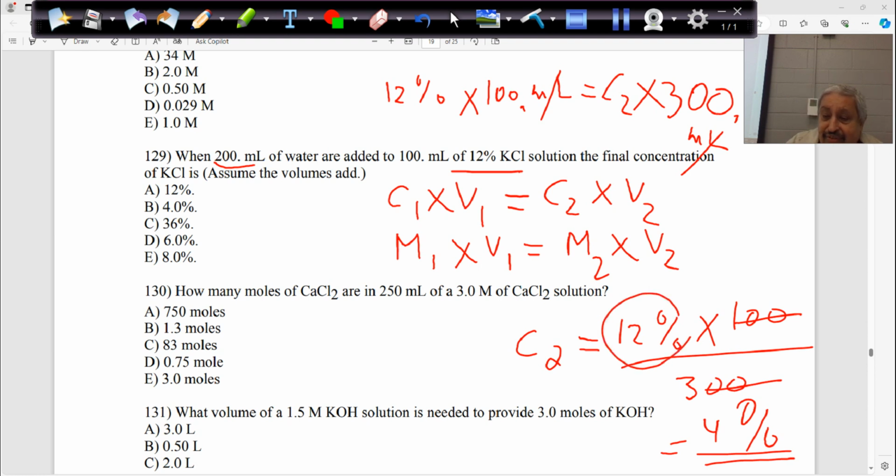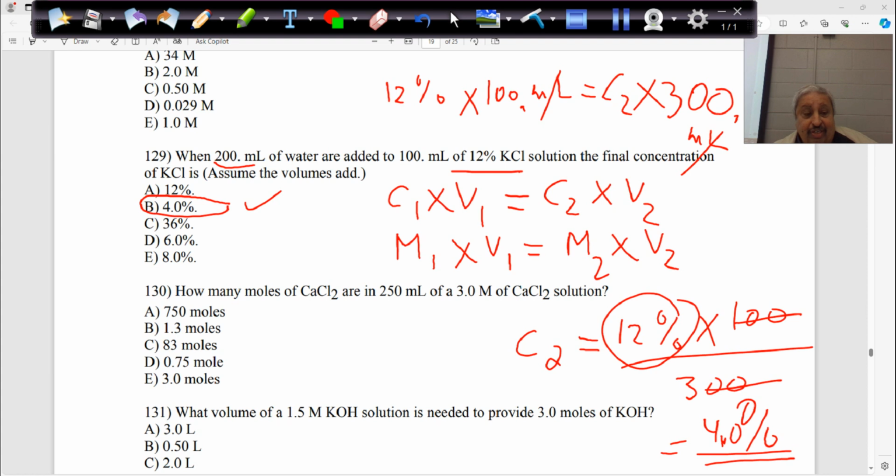This is 2 sig figs. So how much is it now? 4.0. So which one? The answer is B. So when I added tap water, I diluted the solution and the concentration will be less. Now I can drink the coffee. It's not concentrated. Are you following me here?